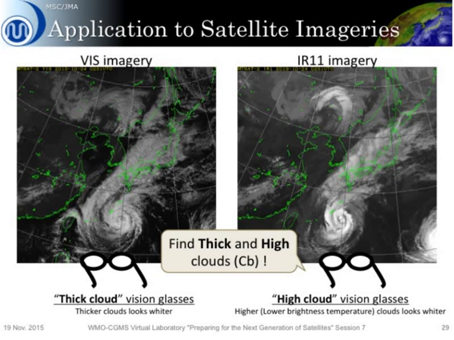Okay, let's get back to the satellite imagery. The left panel is the visible band imagery, and the right panel is the infrared 11 micrometer imagery.